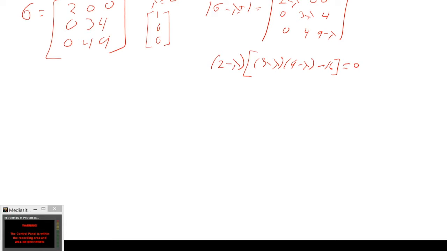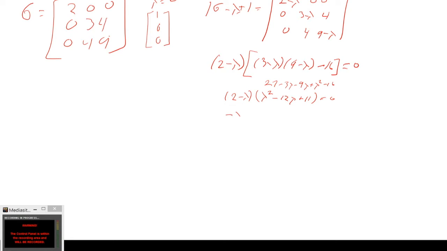So let's expand this out. This gives us 27 minus 3 lambda minus 9 lambda plus lambda squared minus 16, and that gives us lambda squared minus 12 lambda plus 11, times 2 minus lambda equals 0.